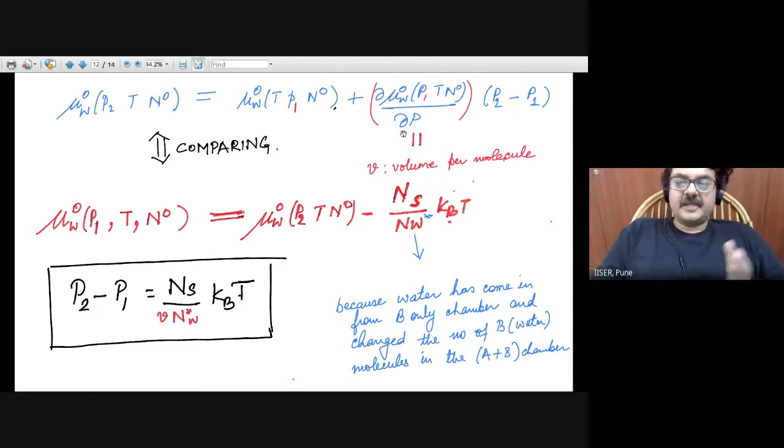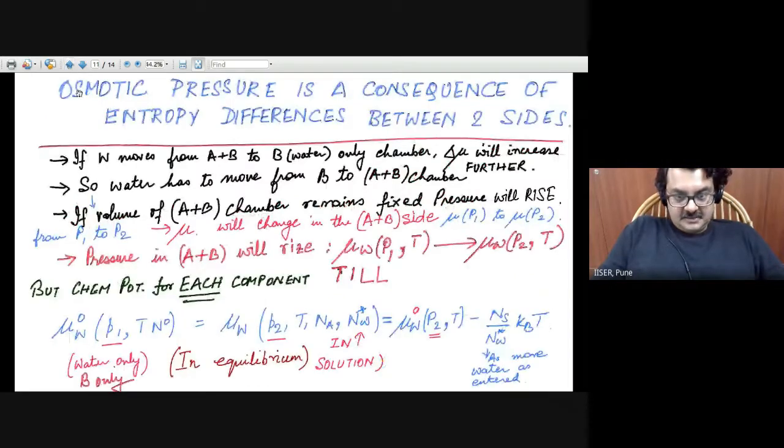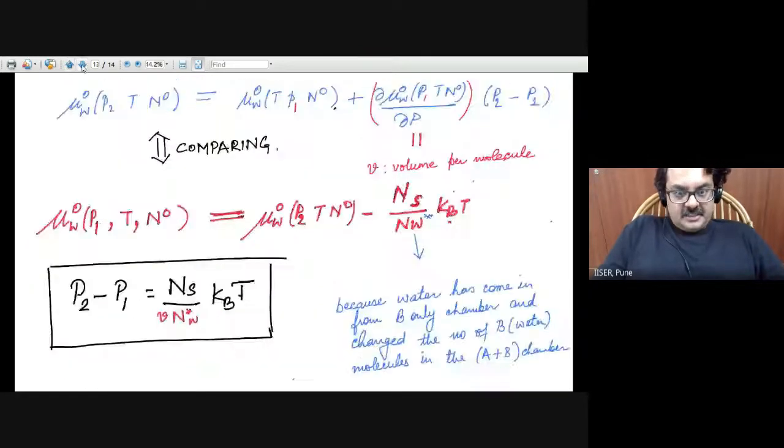From thermodynamics or statistical physics, whatever, this quantity is the volume per molecule. So I compare this relation, which is a Taylor expansion, with this relation, which I have rewritten here. And what do you get? You get P2 minus, so basically this term is here and this term is here.